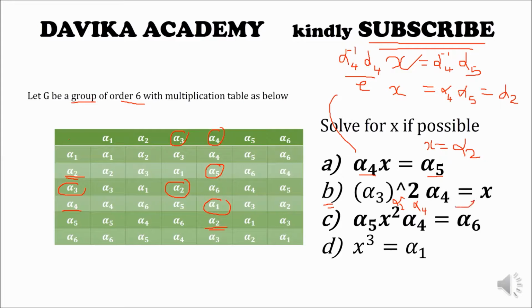We'll be able to get the value of x, and that is actually alpha 2 by alpha 4, and you see that it's giving us alpha 5. Yeah, alpha 5. So I'm getting alpha 5.